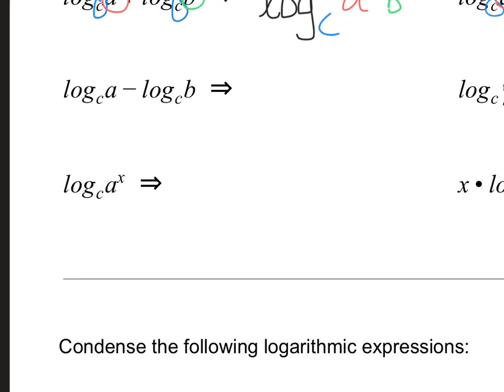Similarly, the opposite is log base c of a minus log base c of b. How can I rewrite that? This time we're subtracting, so you guessed it, it's probably going to be division. The bases have to be the same, which is base c, and I'm going to take a over b.